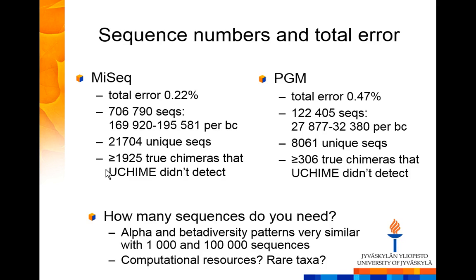The fact is that when you compare alpha and beta diversity patterns, so when you compare the diversity of the microbiomes, or when you compare how well you find the patterns, like which samples resemble each other less and which resemble each other more, actually the patterns are usually very similar with 1,000 and 100,000 sequences.